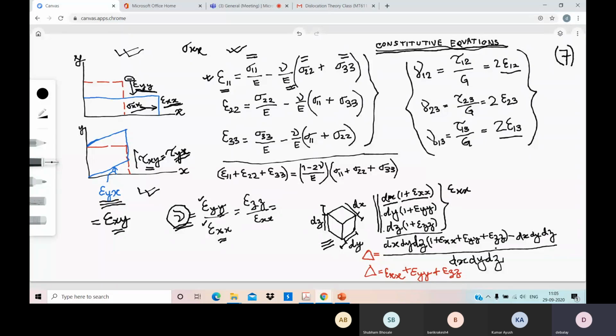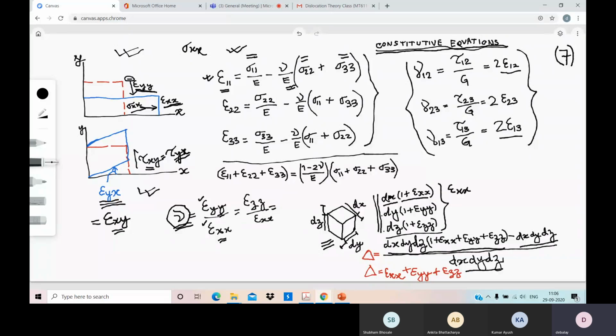So epsilon xx epsilon yy, or epsilon xx epsilon yy epsilon zz, these double or triple multiplying factors I am ignoring. I'm just taking the first-order terms. How much is the volume change? You have to subtract the initial volume.